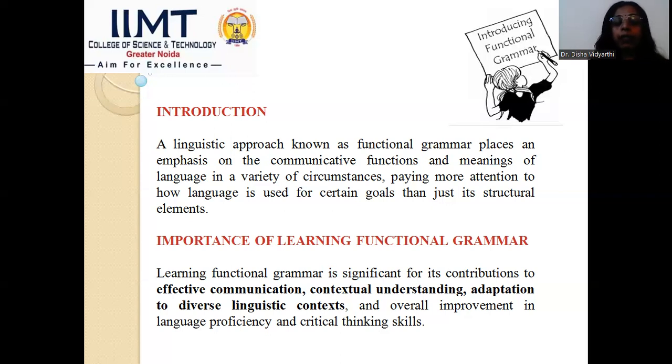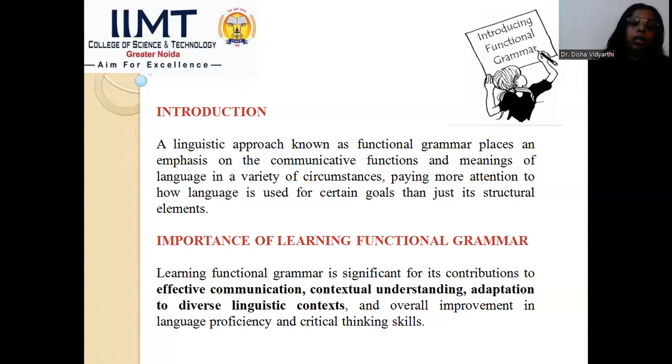Now, in this whole definition, we have not uttered the grammatical rules, because functional grammar enables learners for effective communication and the proficiency they will be gaining, because functional grammar is much more or beyond the grammatical structures and rules. It does not focus on having to write correctly and apply all the appropriate bit-by-bit rules of grammar.